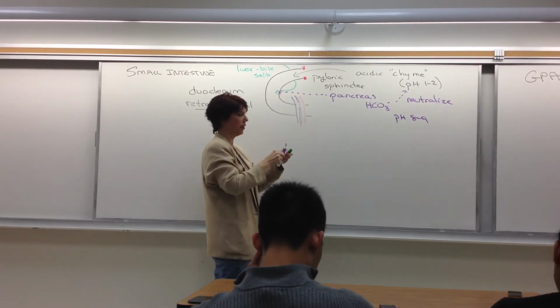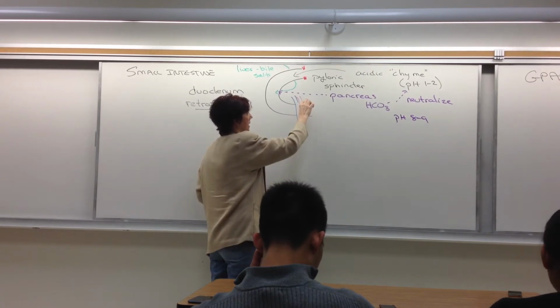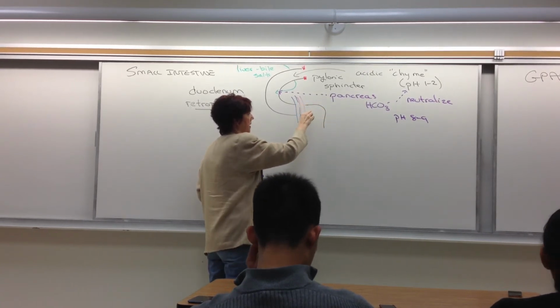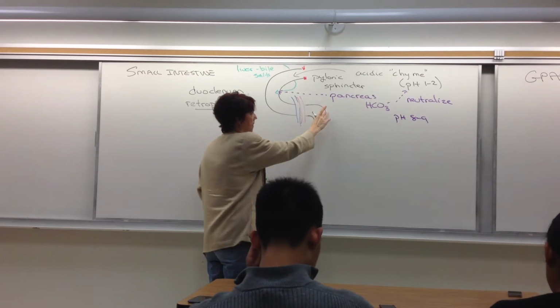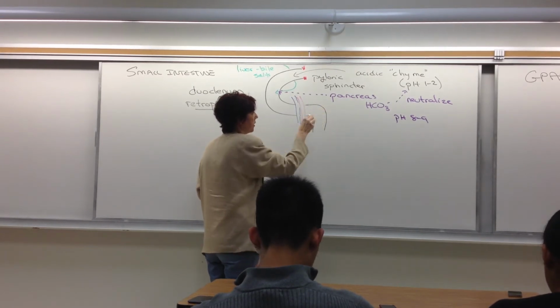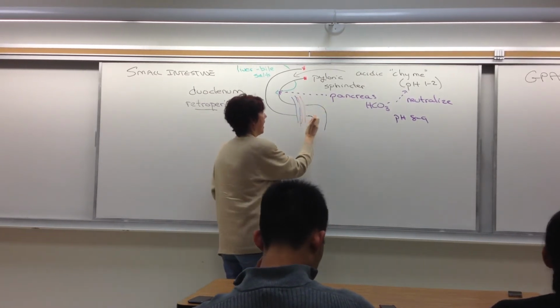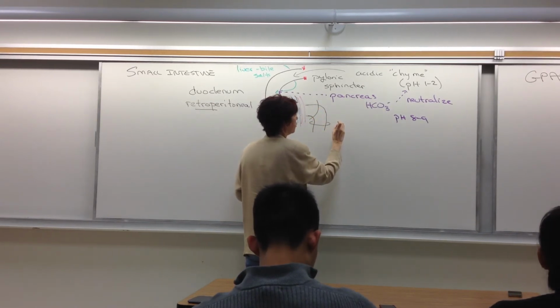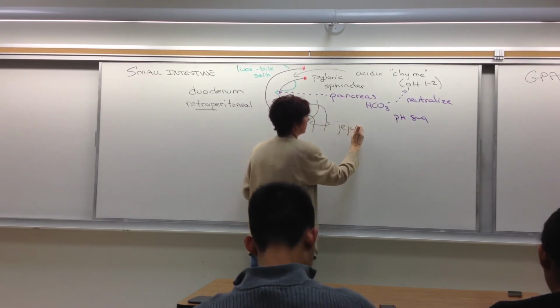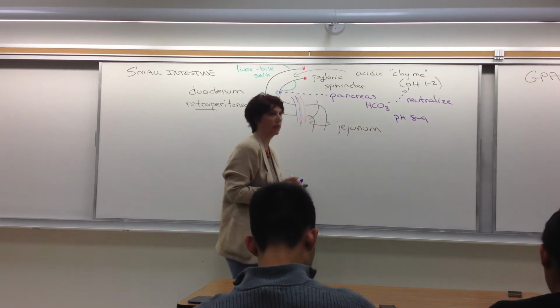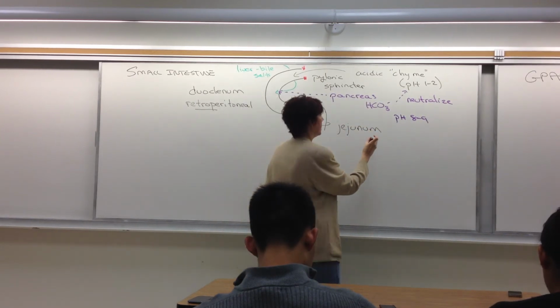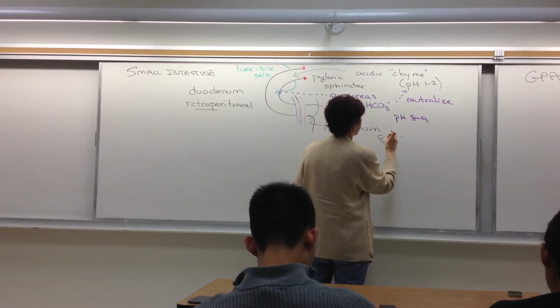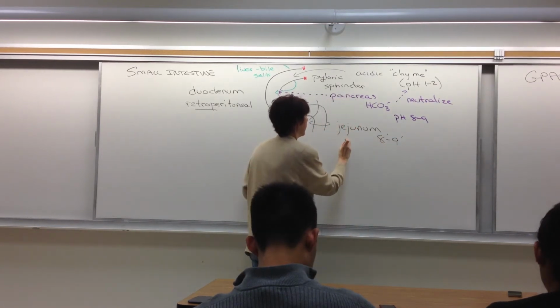Just after that occurs, the intestine makes a right angle bend and comes into the peritoneum, and you can kind of see a fold there. This is now the jejunum. And it's about 8 to 9 feet in length, and it is intra.